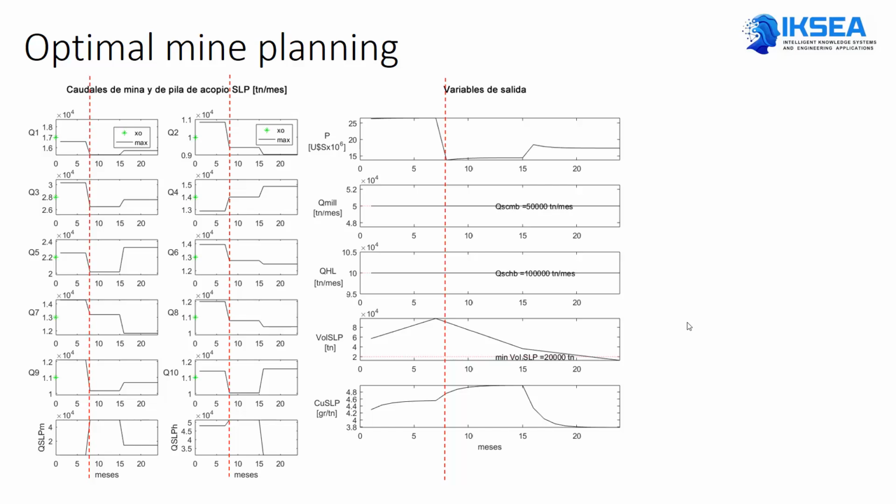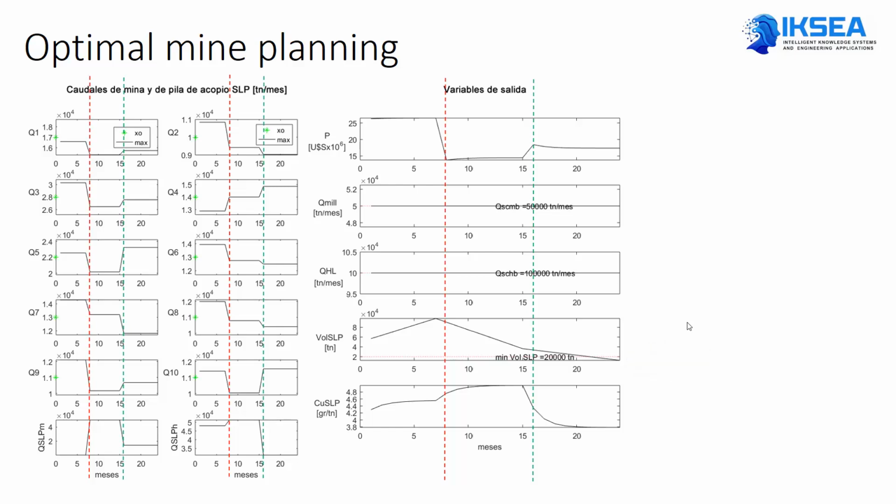It also considers the forecast of a 13% increase in the gold price in month 16. The milling plant has a capacity of 50,000 tons per month, and the heap leaching plant has a capacity of 100,000 tons per month. The stockpile must not fall below 20,000 tons until month 20, when the mine begins to close.